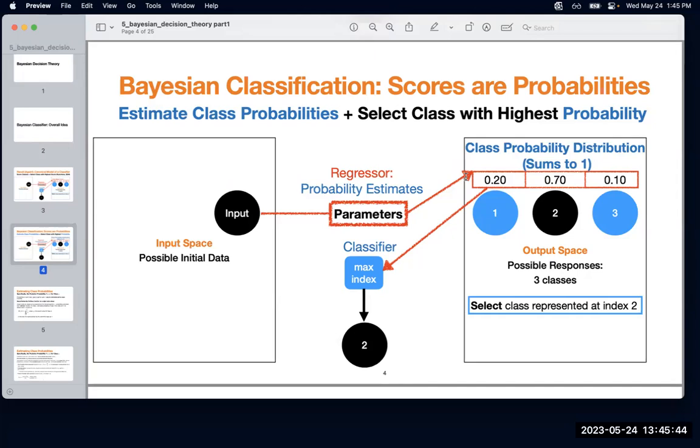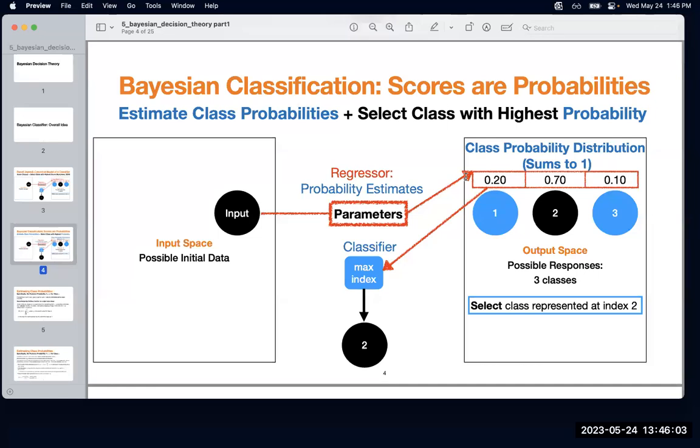We name that specific probability, the probability of the class given the input, the posterior probability. So essentially what we are estimating in this case is the posterior probability.